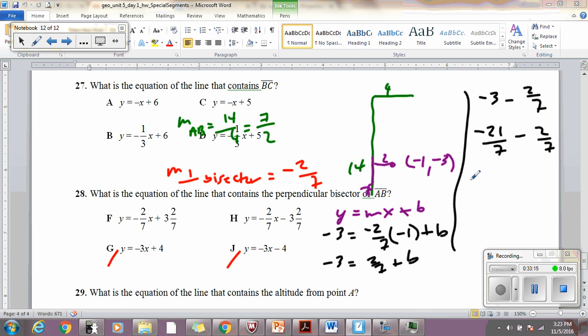So that would end up being negative 23 sevenths. And they have all their answer choices written as a mixed fraction, which is glorious. So that would be negative 3 and 2 sevenths. So our final answer would be H. That one was nasty. I'll admit, that one was nasty.